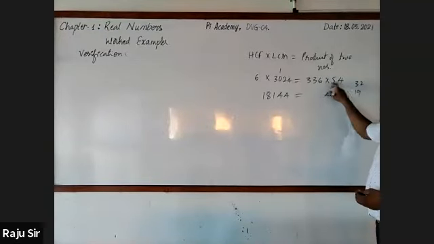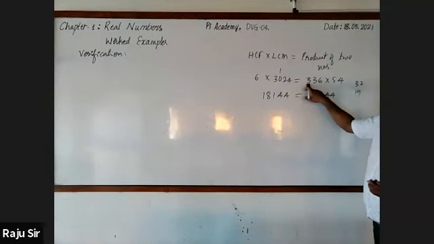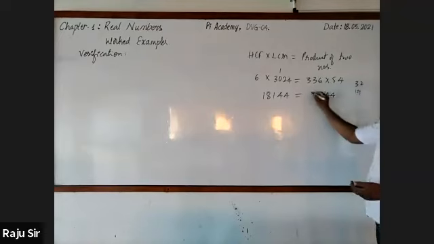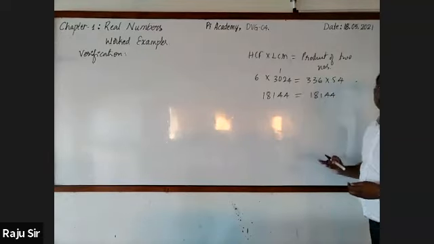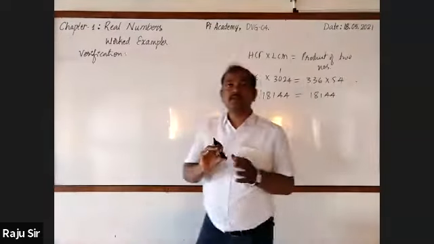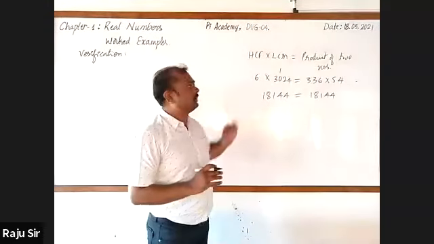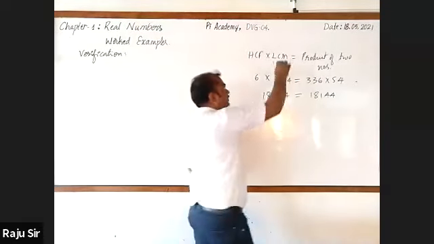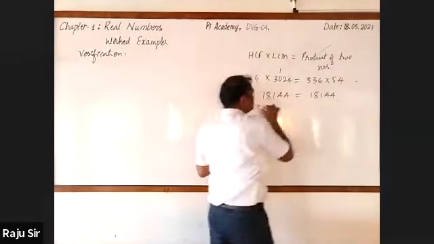Then 162 plus 32, 194. 54 3s are again 162 plus 19, 181. This is the way most of the students will write. If you have written so, this is wrong.